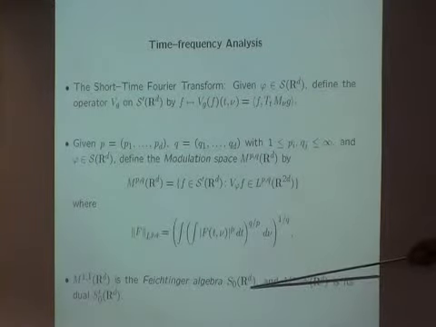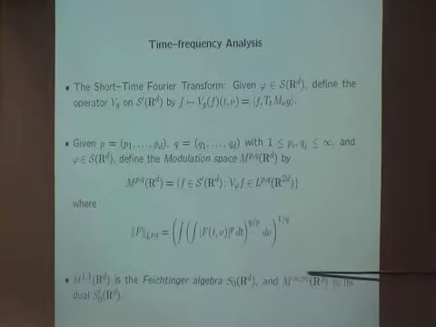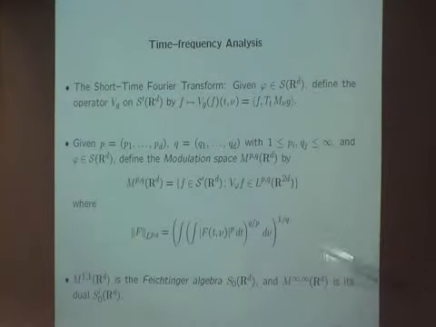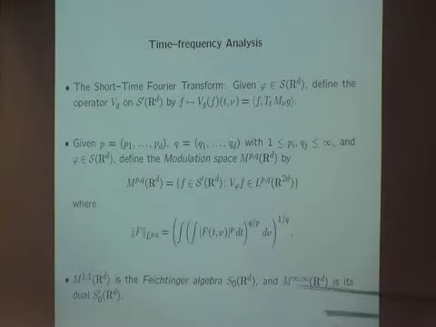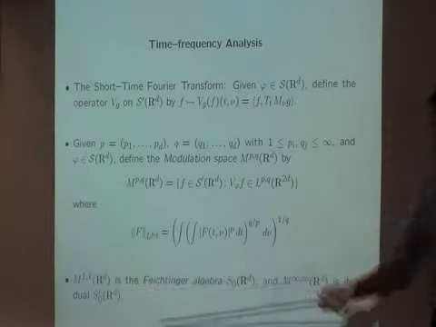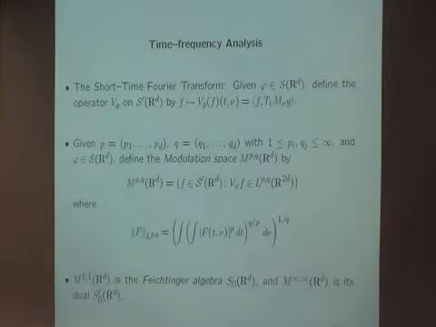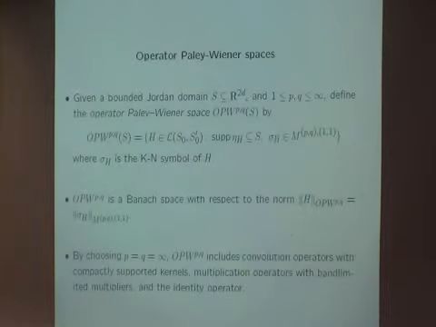M^{1,1} is the famous Feichtinger algebra, and its dual M^{∞,∞} is the dual space S0 prime. And it turns out that S0 prime is a sufficiently large class to include all the examples that we're interested in. Okay? So with this in mind, we define so-called operator Paley-Wiener spaces on which we can do operator sampling. That's the motivation for using that name.